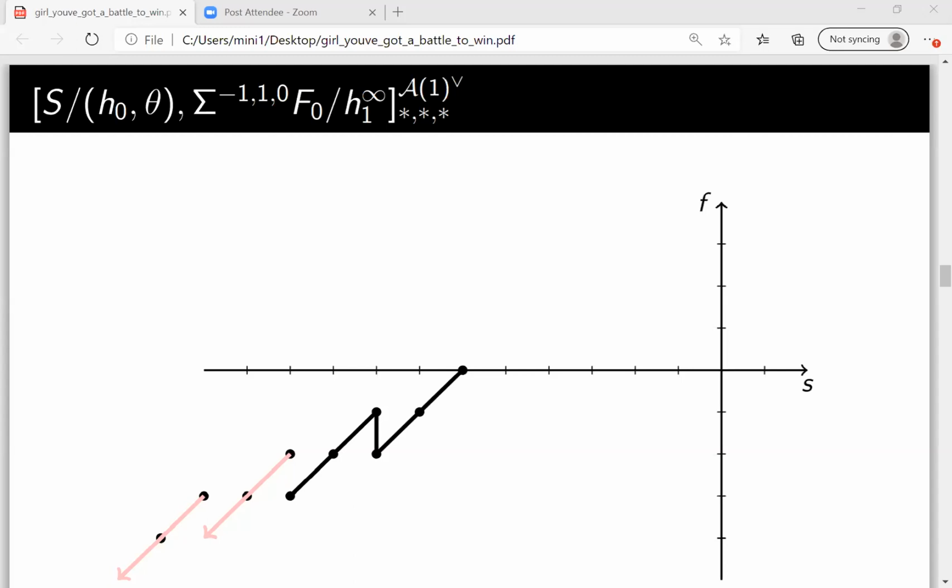Well, we need another computational tool, and that's called the Cartan-Eilenberg spectral sequence. And I believe the date is 99.